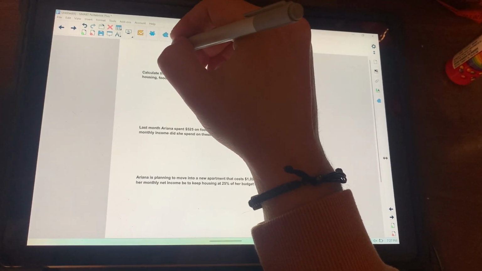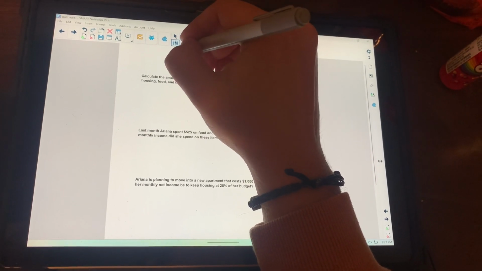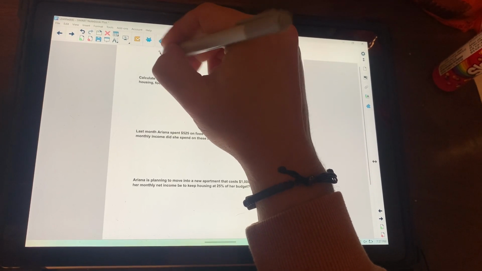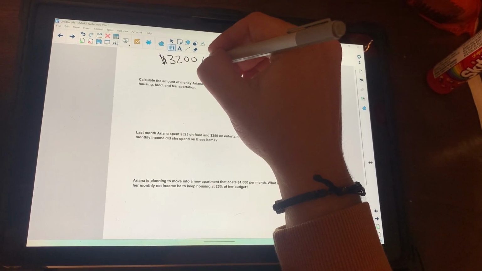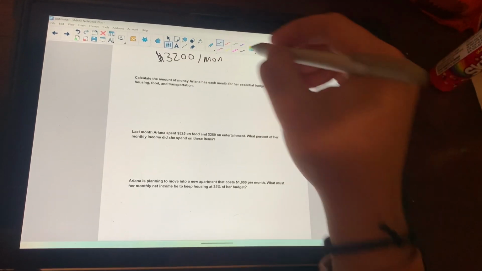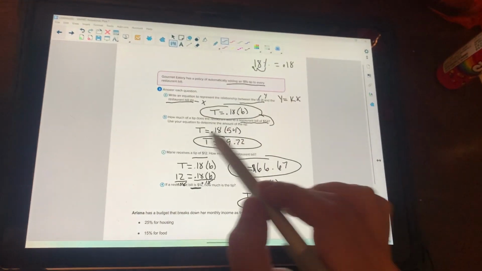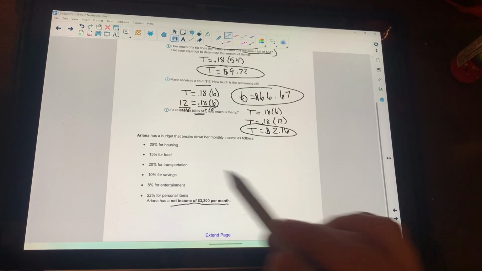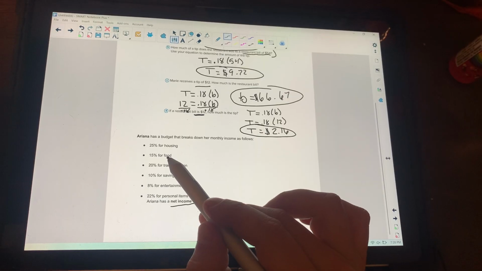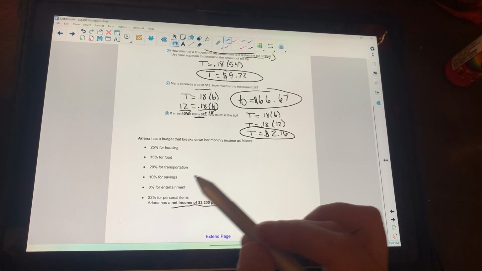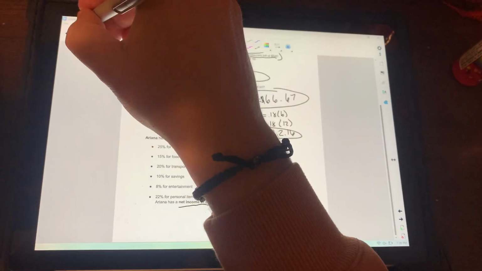So I'm going to start by writing up here, she makes $3,200 a month. Just so I know that's going to be needed throughout this whole thing. Now, housing, food, and transportation. Housing is 25, food is 15, transportation is 20.